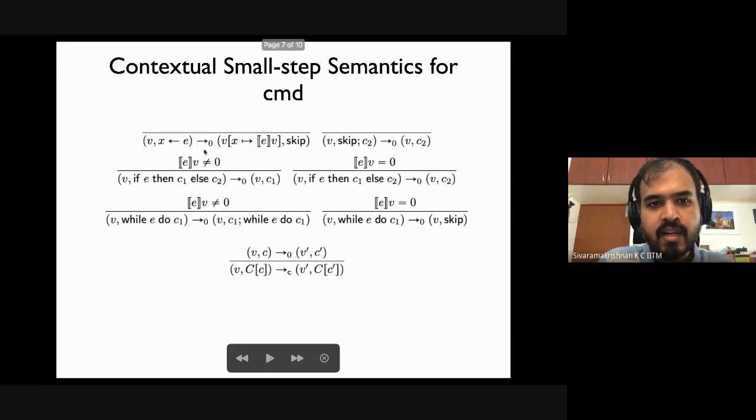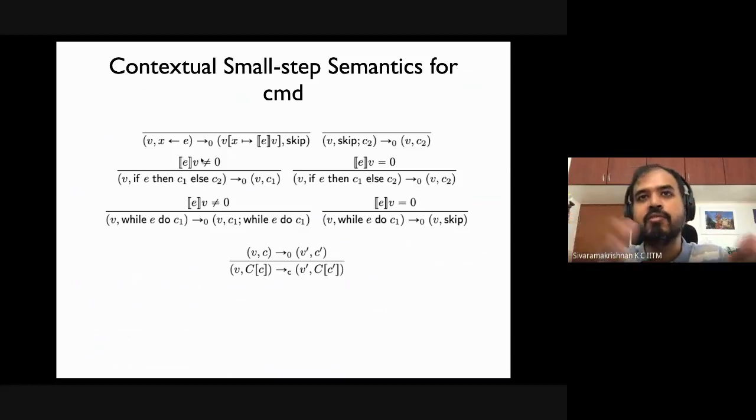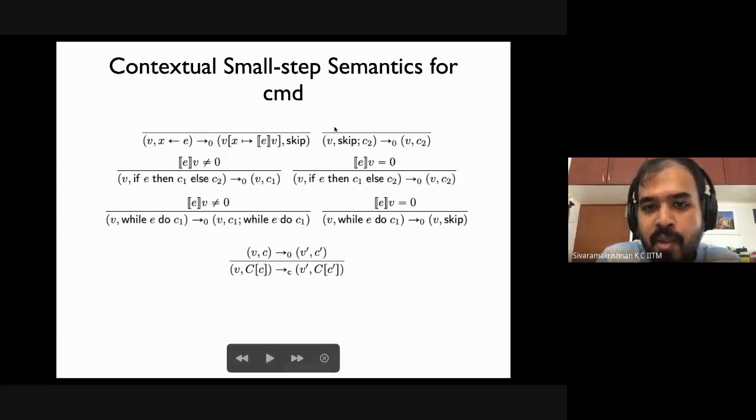But observe that there is no step 0 transition that reduces a skip. So if you have a skip as a subcommand, there is no possibility of taking a step. But we do have a step for skip semicolon C2, which just goes to C2.